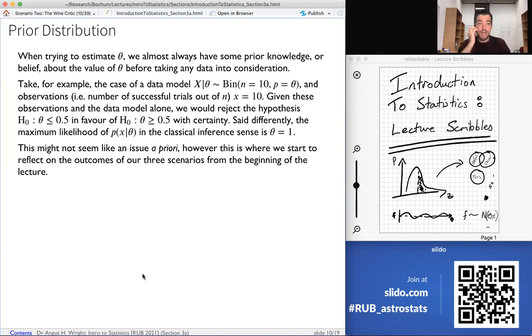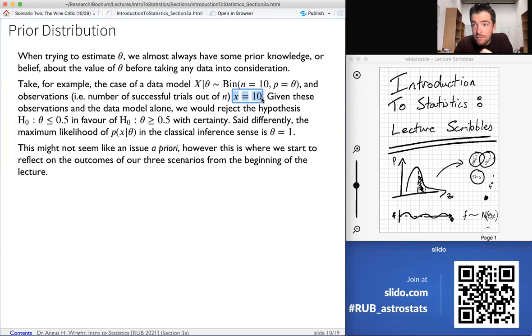If we take, for example, some data model, let's create a random set of data with a binomial distribution with 10 trials and some probability theta. And let's say that every observation of those 10 trials was a success. X equals 10.